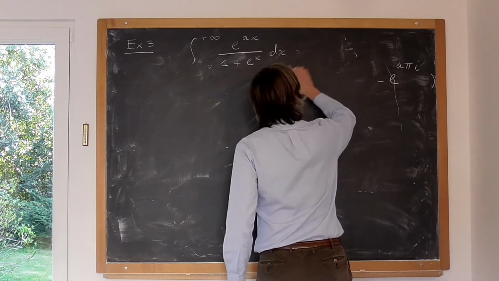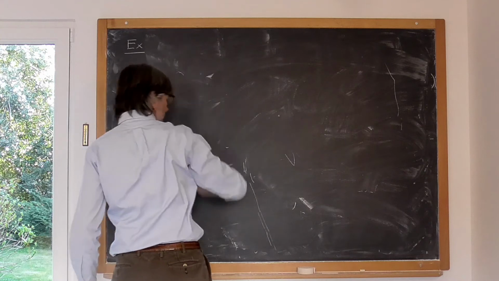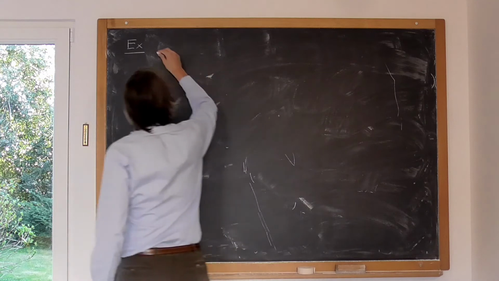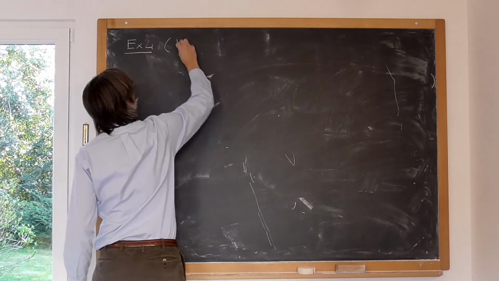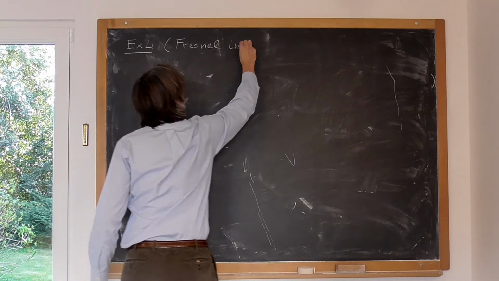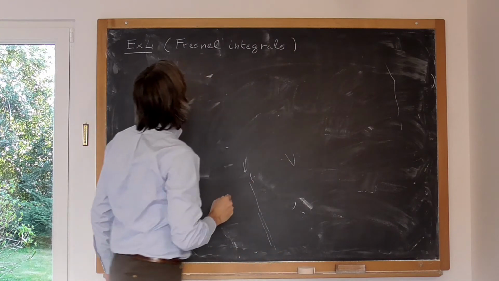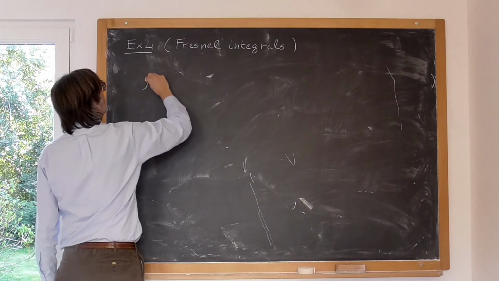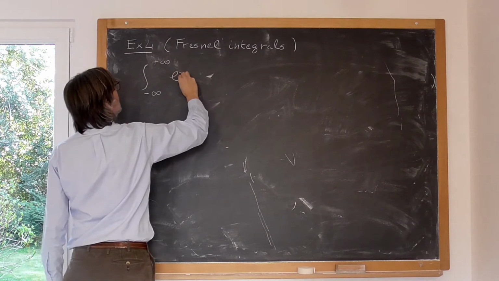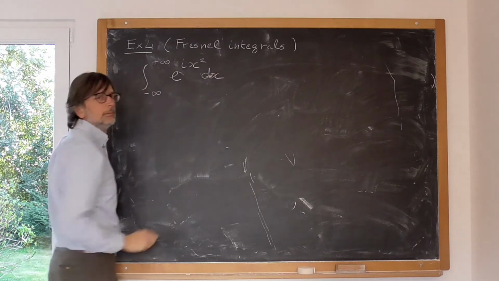So let's finish today's lecture with computing some important integrals that are known as Fresnel integrals. Namely, we would like to understand the value of the integral between minus infinity and plus infinity of e to the i x squared dx.